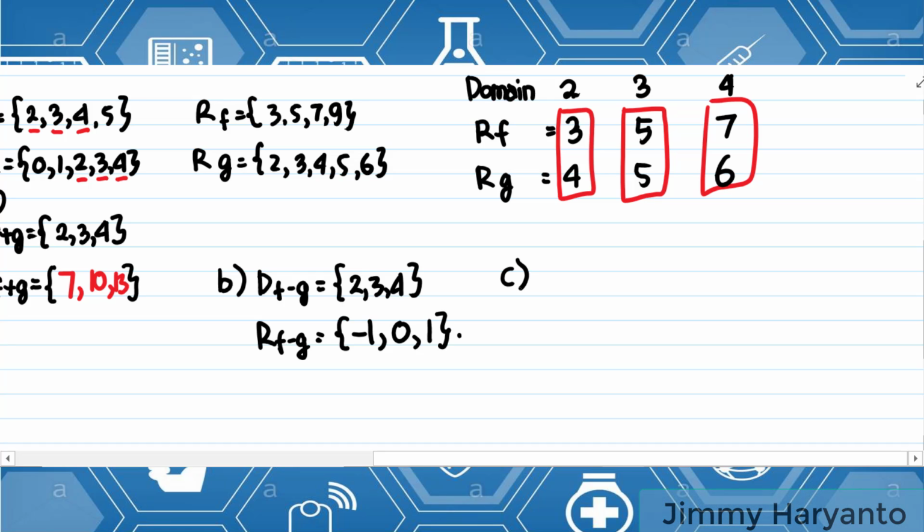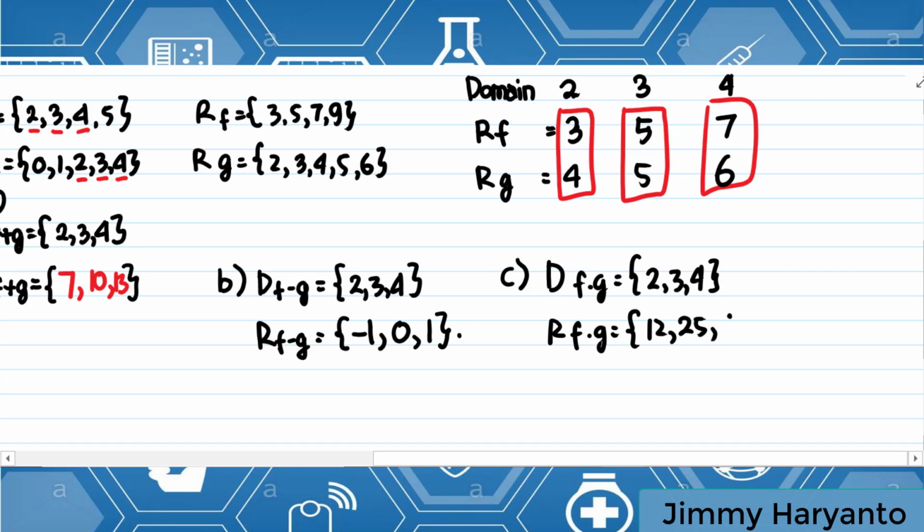Okay, for number C, you have to find the domain of f times g. It's also the same, the intersection: 2, 3, and 4. As for the range, f times g will be 3 times 4 is 12, 5 times 5 is 25, 7 times 6 is 42. Okay, there you go.